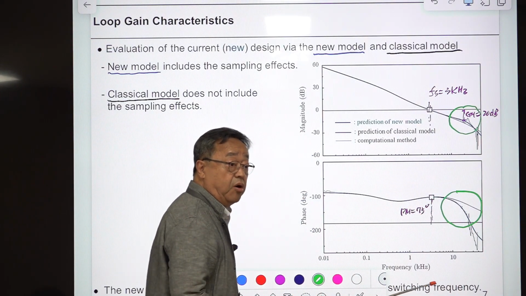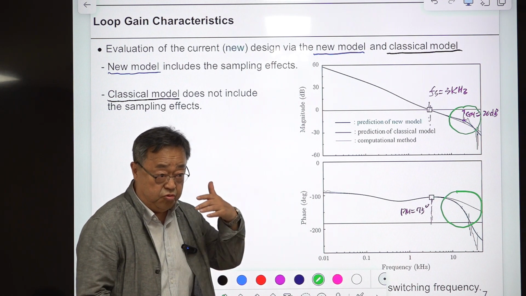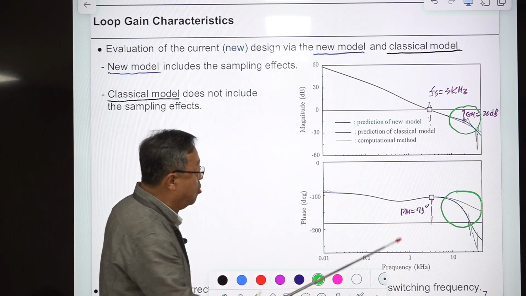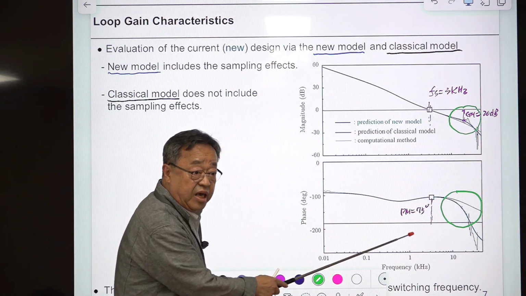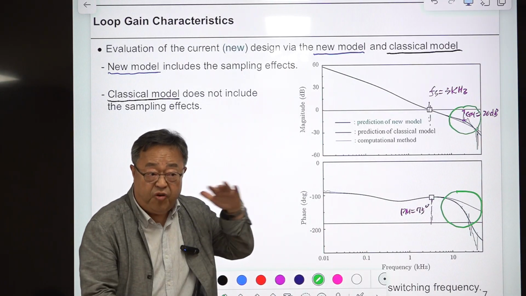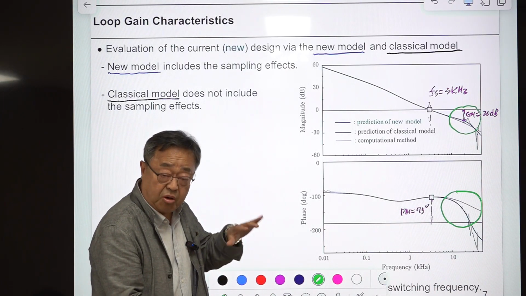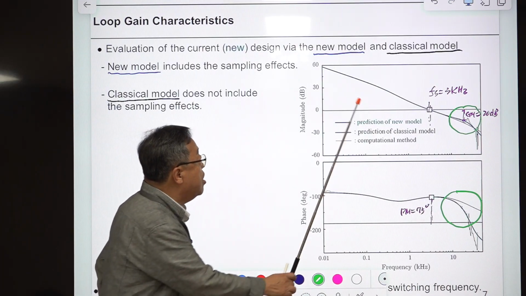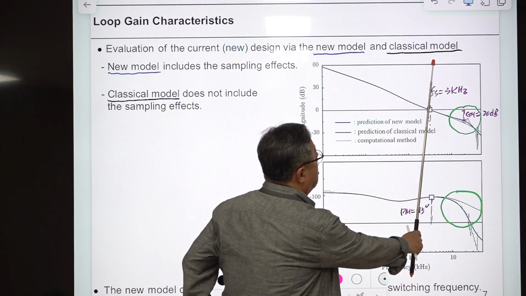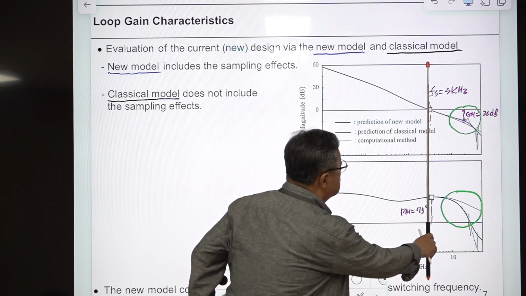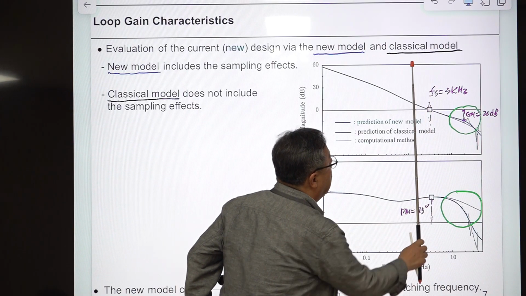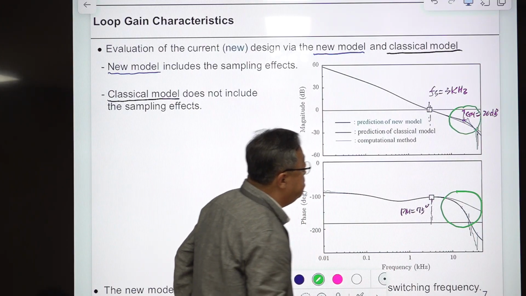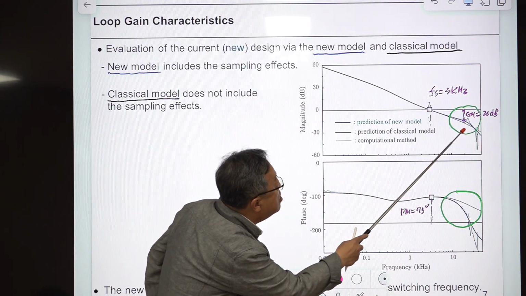Because this is a buck converter; if you design a boost converter, you cannot go this high. It is below 50 degrees, something like that. Okay, because of the RHP zero in boost and buck-boost converters. Anyway, this crossover frequency is very high here. Okay, and gain margin remains the same, and the only difference is this one.